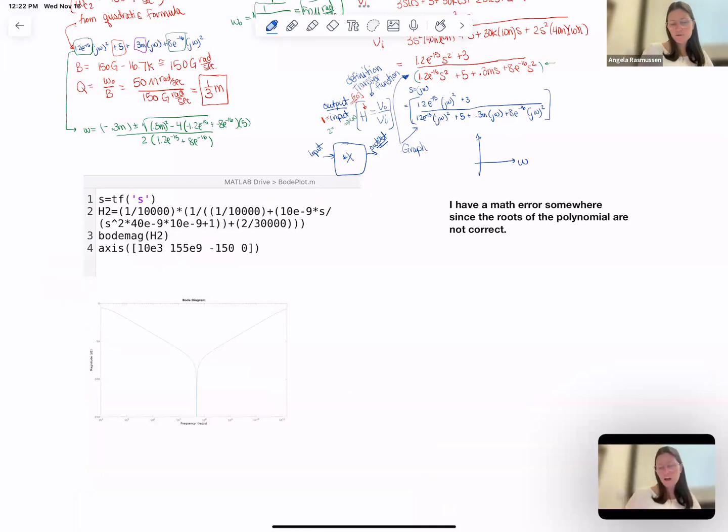Do note that you do need a control toolbox if you're going to use the Bode plot command.